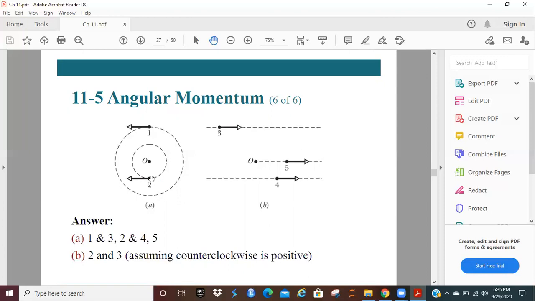If you look at it for number 2, if your thumb were to follow from point O to 2, your index finger would point out again to the left, but your palm would be pointing down. And that would mean you would have a negative angular momentum. If you look at point 3, your thumb would point up, your index finger would point out to the right, which means your palm would point down.